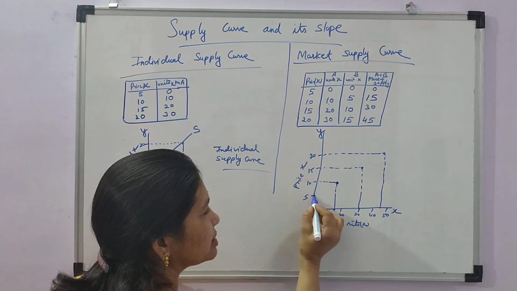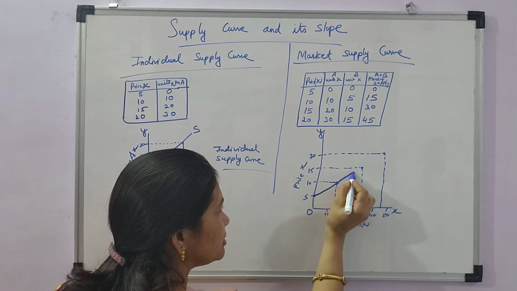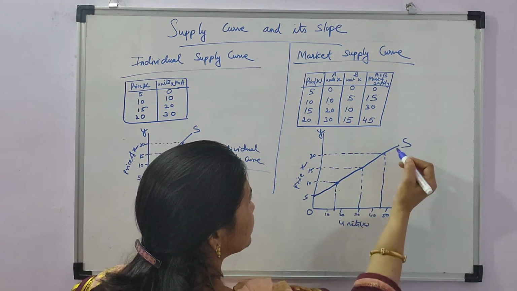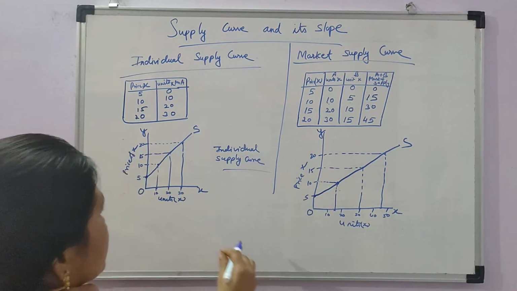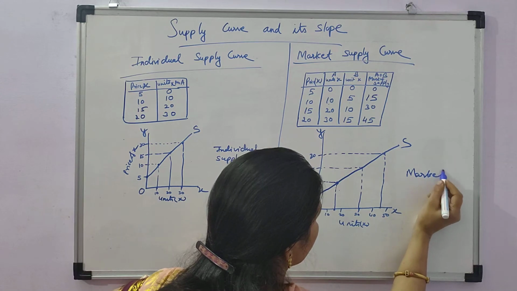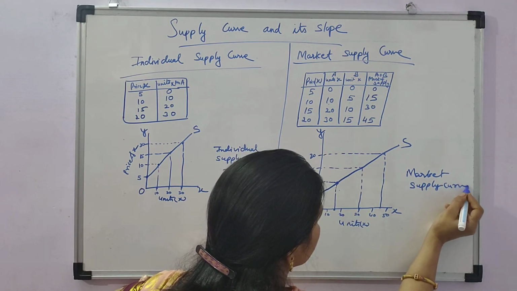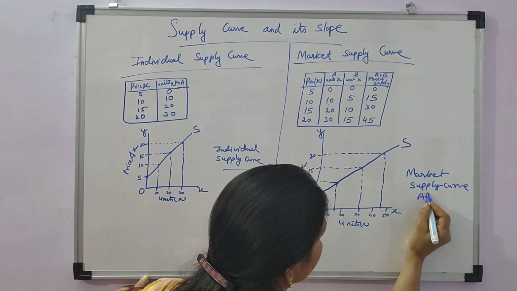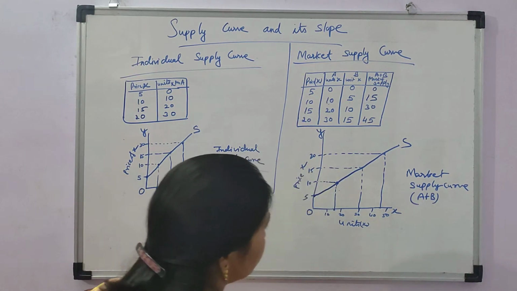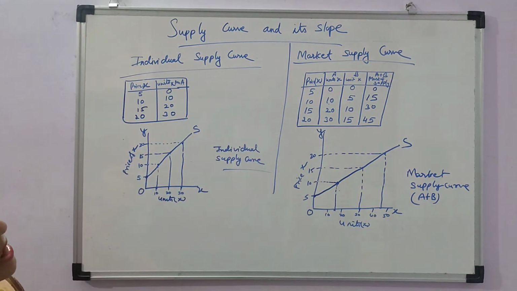This is the point of origin of the supply curve. It starts from here, and in this way the supply curve will be moving upward. This is the market supply curve. So this is the individual supply curve and this is known as the market supply curve, that is the supply of A and B producer both. Two producers are there.